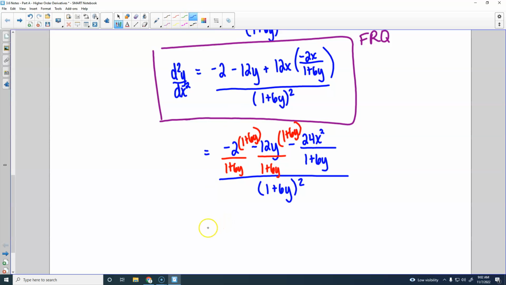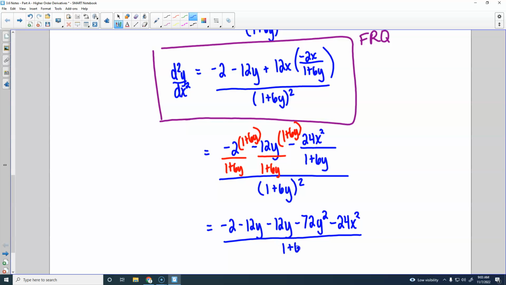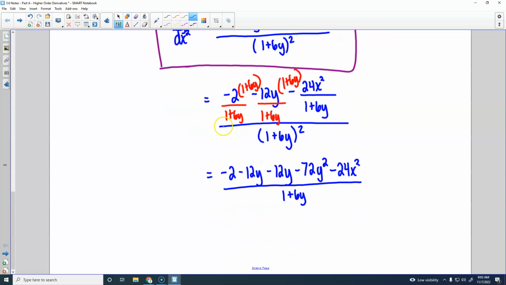So that gives me negative 2 minus 12y minus 12y minus 72y squared minus 24x squared over 1 plus 6y. Since you've got all the same denominators there, you can write that over a single denominator, and this is still over 1 plus 6y squared.